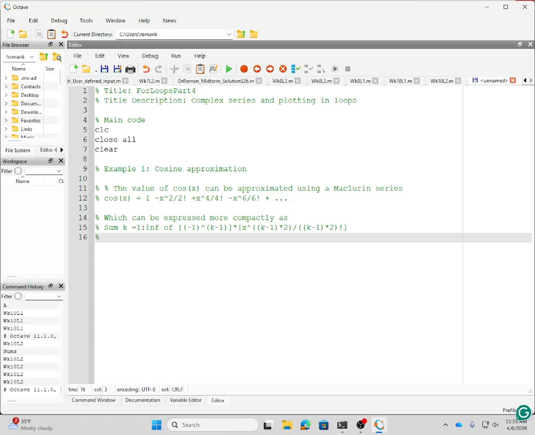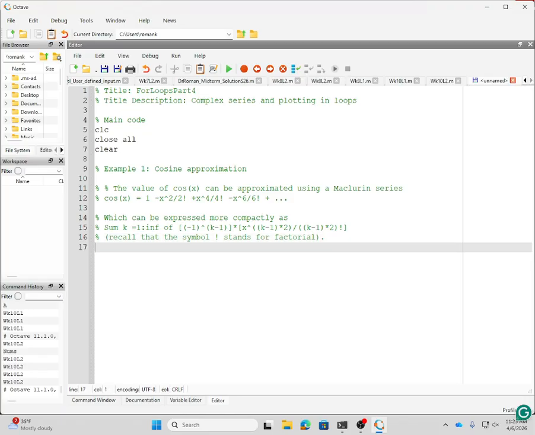So we'll be recalling that the symbol epsilon stands for factorial, right?